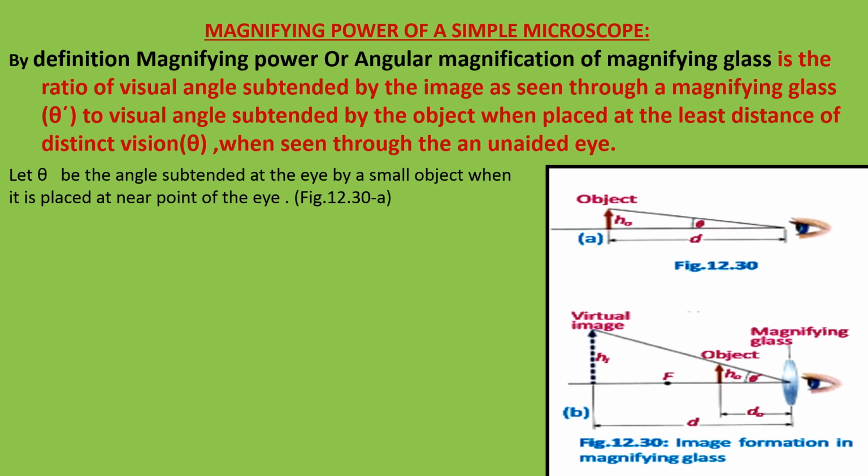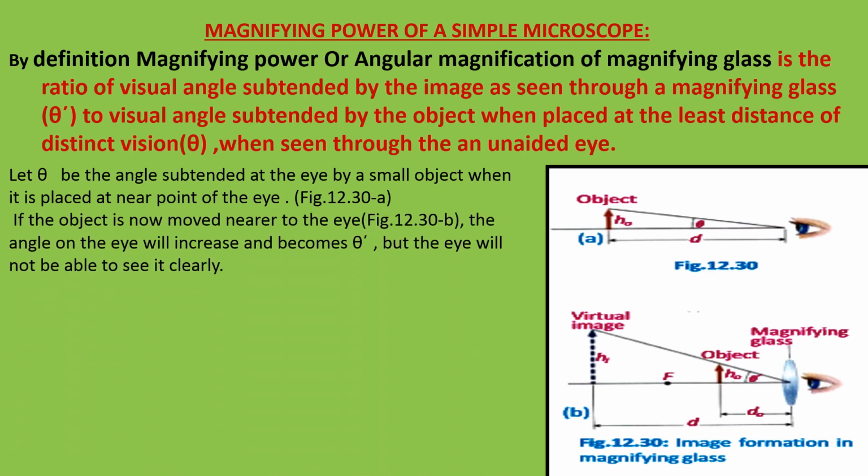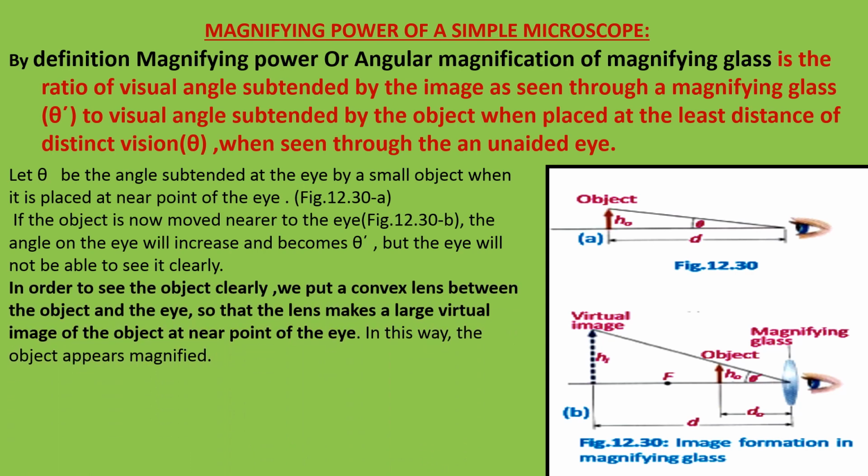Let theta be the angle subtended at the eye by a small object when it is placed at near point of the eye, as shown in figure 12.30a. If the object is now moved nearer to the eye, the angle at the eye will increase and become theta dash, but the eye will not be able to see it clearly.